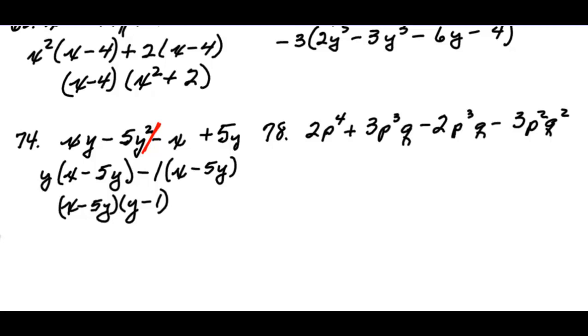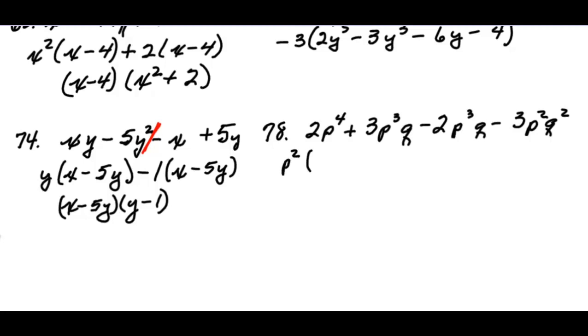We have p to the 4th in the first term, p cubed in the second term, p cubed in the third term, and p squared in the 4th term. That's the only thing we have common to all 4 of those terms. Because we don't have any q's in the first term, we can't pull out any q's. There is no number that we can pull out. So we just have p squared.